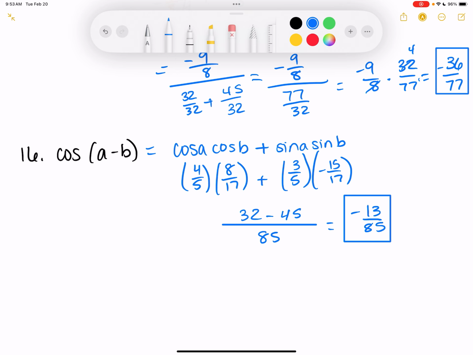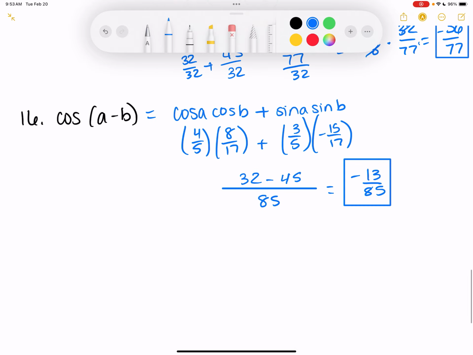All right, these next couple, I'm going to see if you can guess what I'm going to have to do to solve these. So 20, simplify the expression. Sine of x plus pi. You're going to have to change the pi to this.